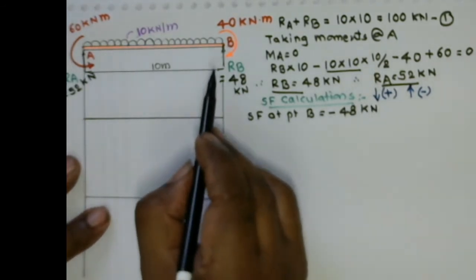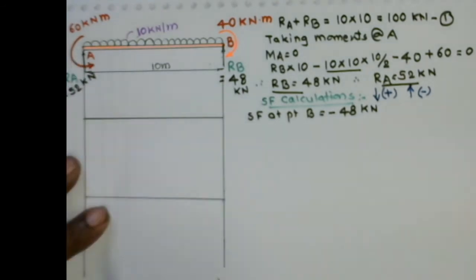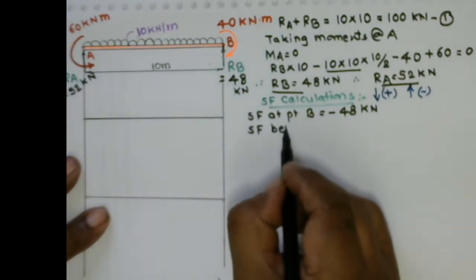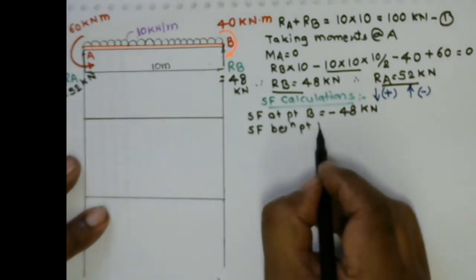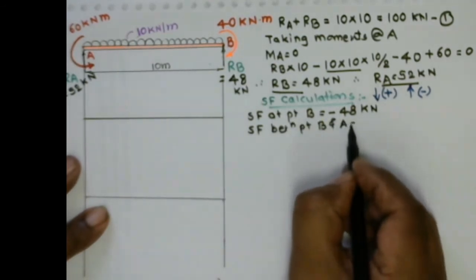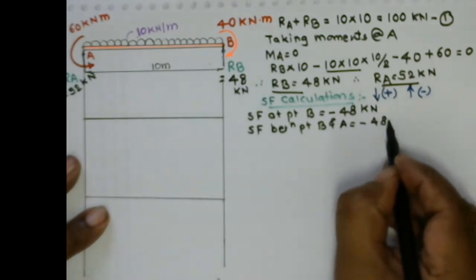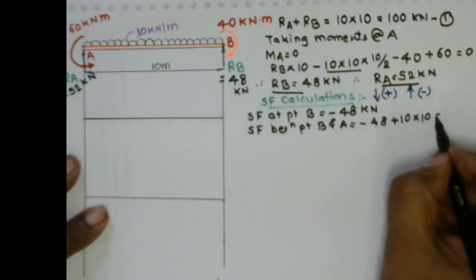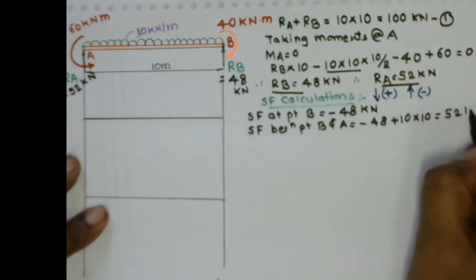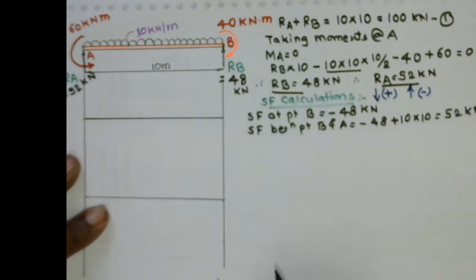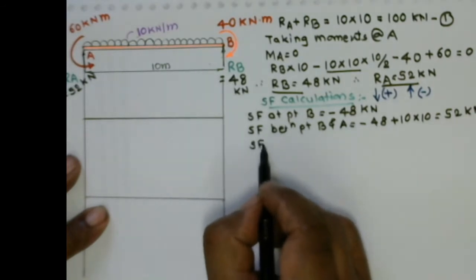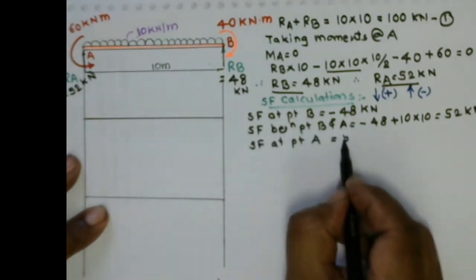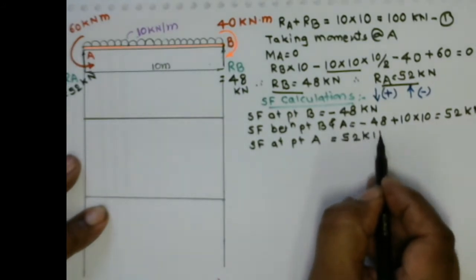Between the points B and A, only UDL is acting, so shear force between B and A is equal to minus 48 plus UDL acting in the downward side, 10 into 10, so it becomes 52 kilonewton. So shear force at point A is equal to 52 kilonewton.